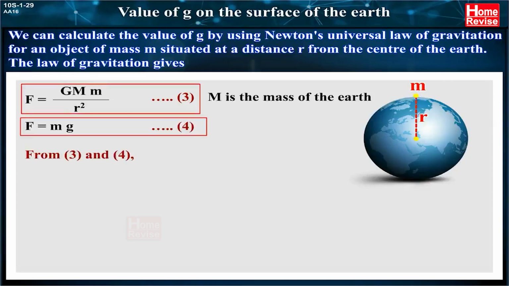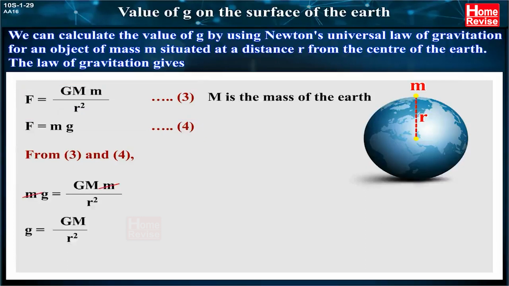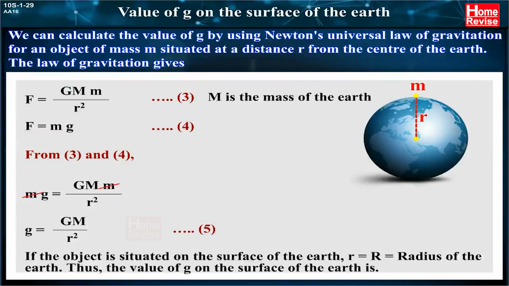From 3 and 4, m g is equal to G M m upon r squared. g is equal to G M upon r squared. Let this be equation 5. If the object is situated on the surface of the Earth, r is equal to R, the radius of the Earth.